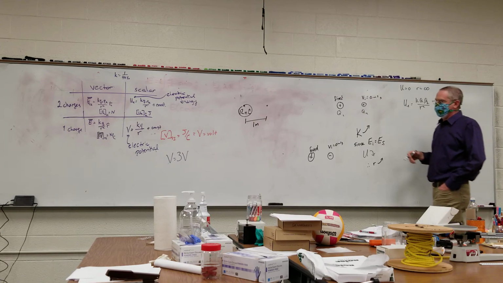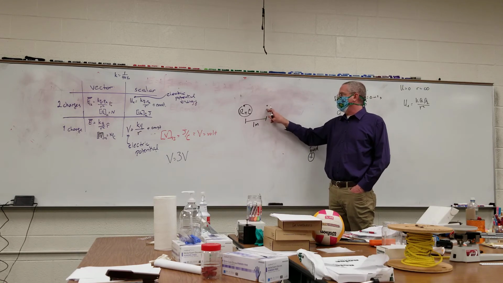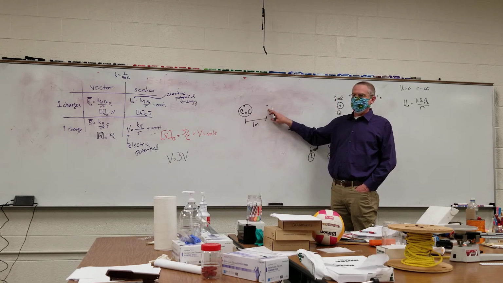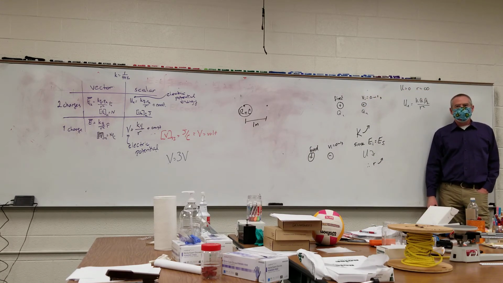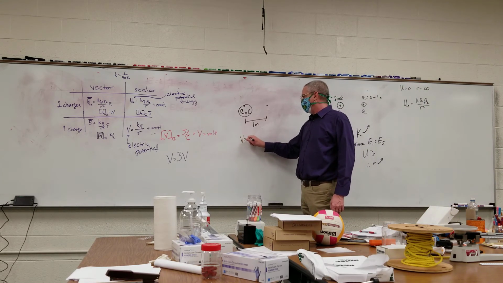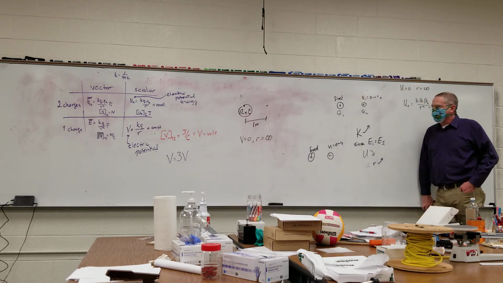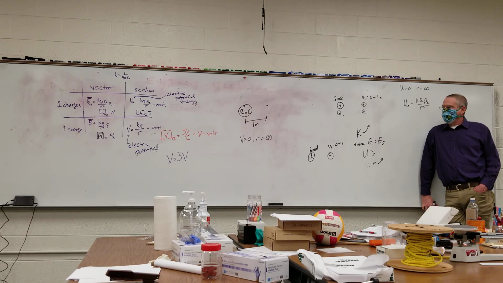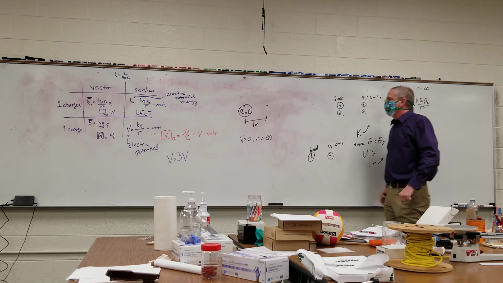We're finding the electric potential at some point in space here. So if that's 1 meter away, what is the potential at this point, assuming V equals 0 as R goes to infinity? 108 volts. Yeah, 108 volts.